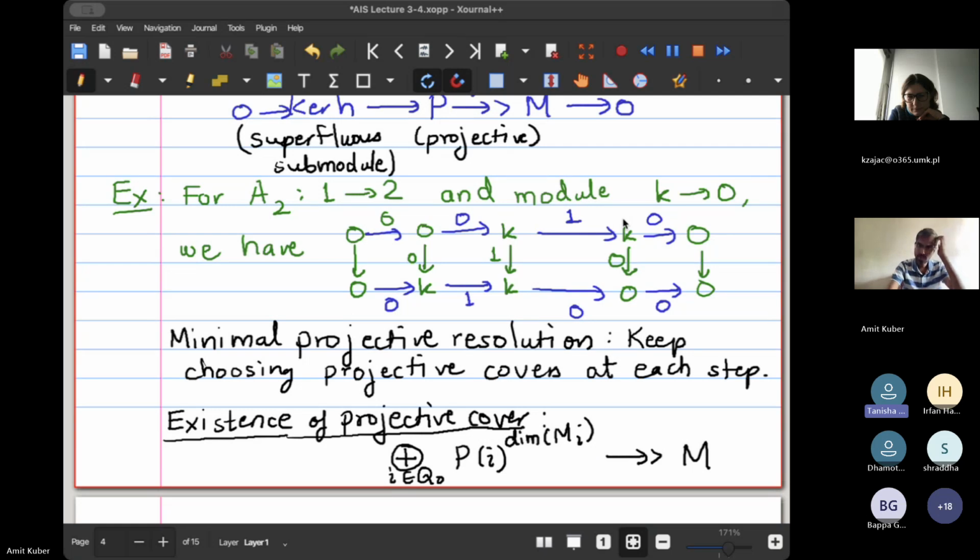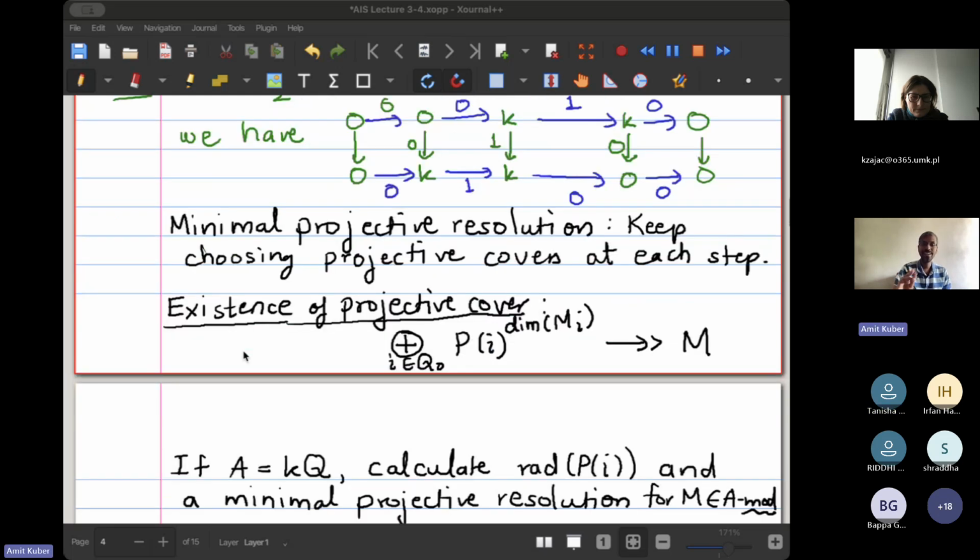I do not understand why 0K is a superfluous submodule in this case. Okay, can you tell me all possible submodules of KK? Why wouldn't K0 also be a submodule of KK?